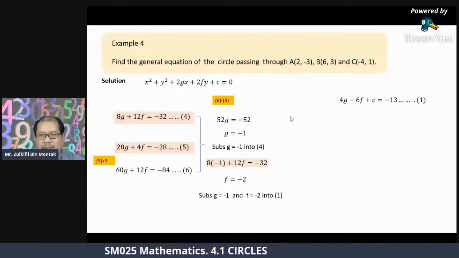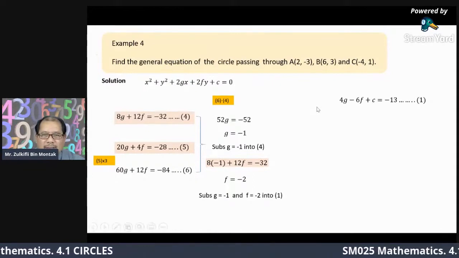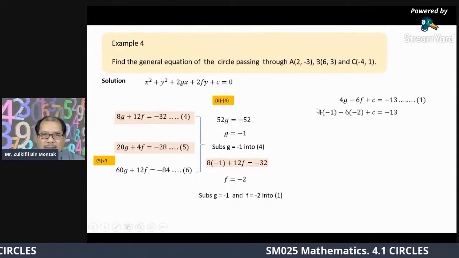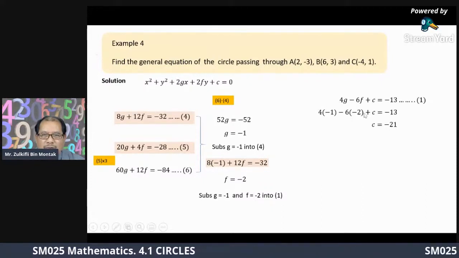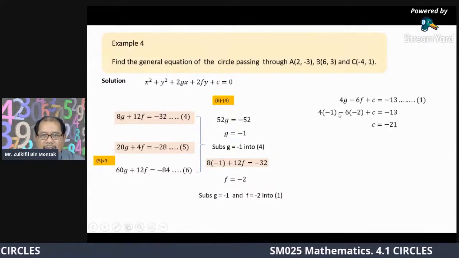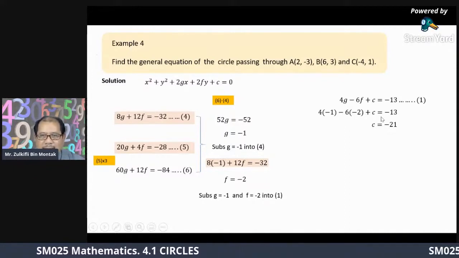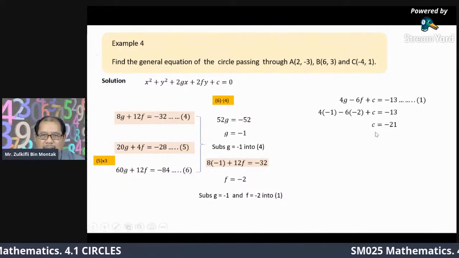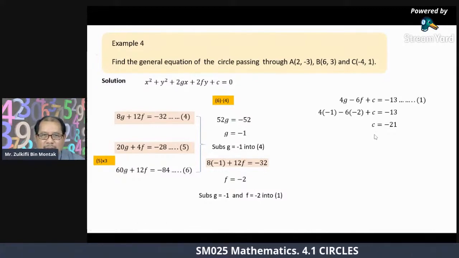Now we substitute G equal to negative 1 and F equal to negative 2. So 4 times negative 1 minus 6 times negative 2 plus C equal to negative 13. So we have C equal to negative 21.